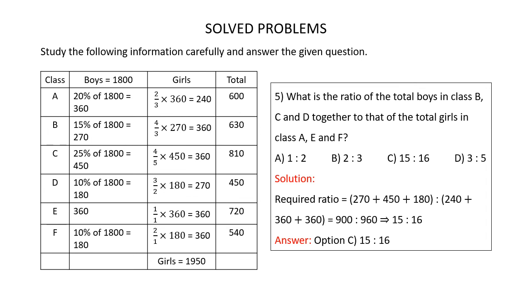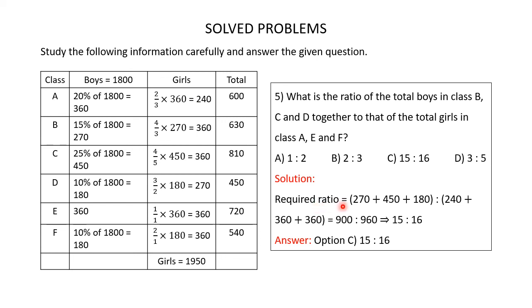Now, according to this table, the total number of boys in class B, C and D is 270 plus 450 plus 180. And the total girls in class A, E and F, according to this table, is 240 plus 360 plus 360.